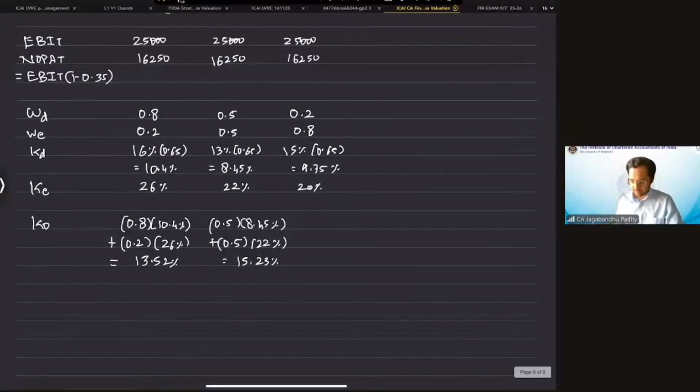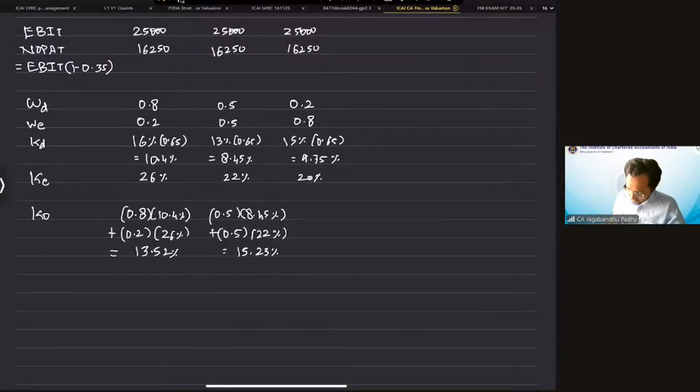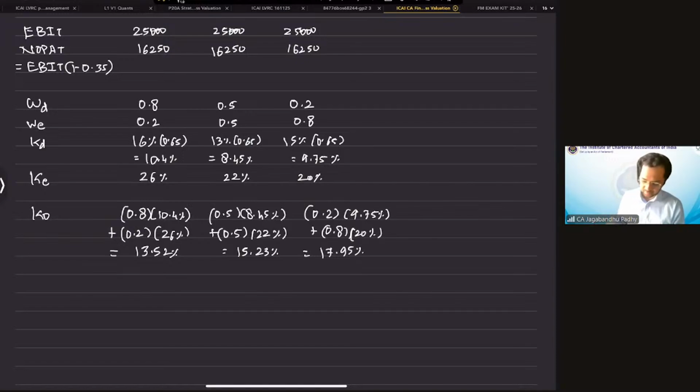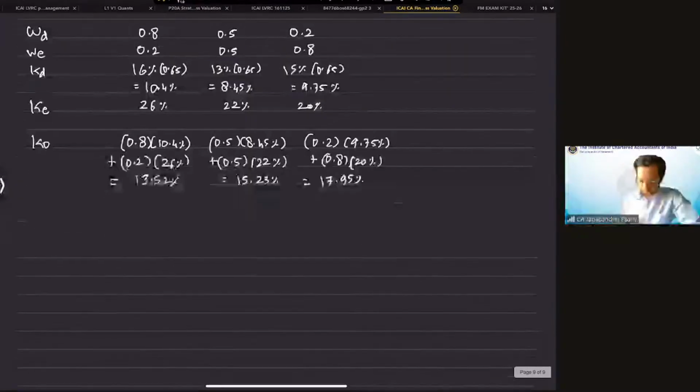Then in case of Apple, it is 0.2 into 9.75% plus 0.8 into 20%, which is 17.95%. Okay, this is the KO.